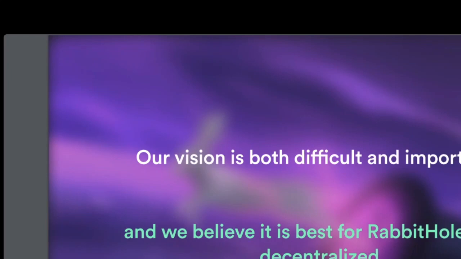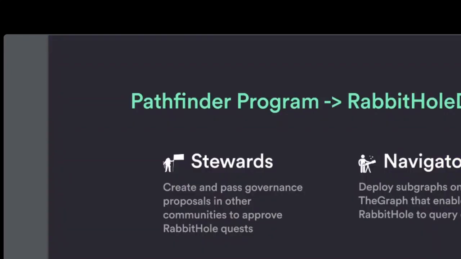So we want to eventually decentralize, and we're taking steps towards that today with our Pathfinder program. So in order to set up quests and skills and run our core product, there's various roles that are needed from the core team, but we're starting to outsource this to a wider community and eventually become Rabbithole DAO. And so these are the 5 roles that are the pillars of running our business.